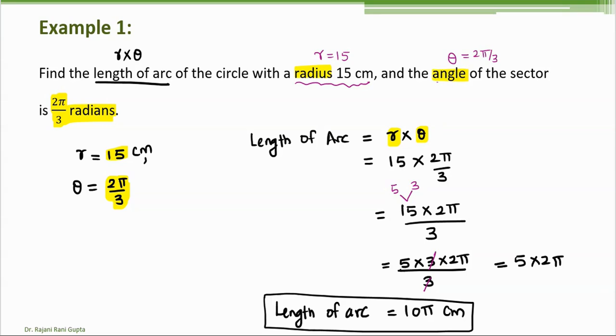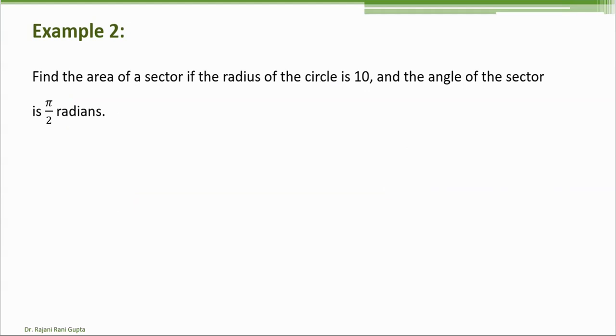Let's take another example. See what this example says. Find the area of sector. What's the rule for area of sector? R power 2 divided by 2 times theta. You need to remember the rules. If the radius of the circle is 10, it means the radius R is 10, and the angle of the sector is pi by 2.